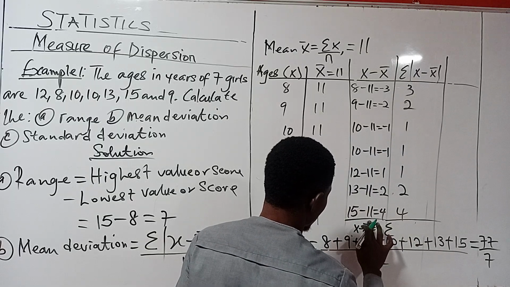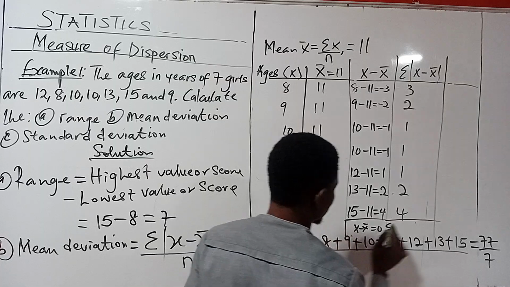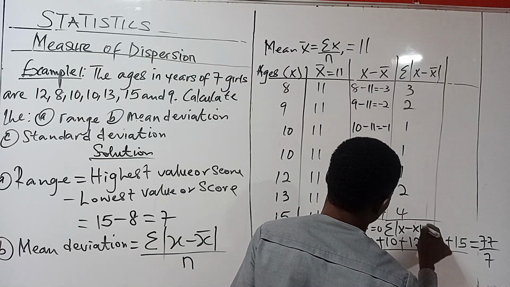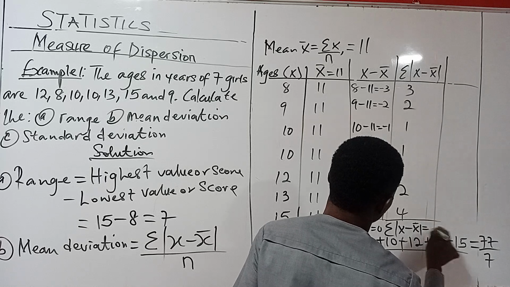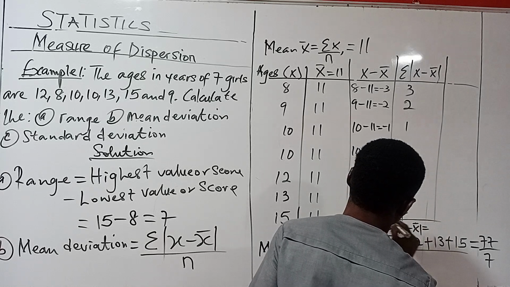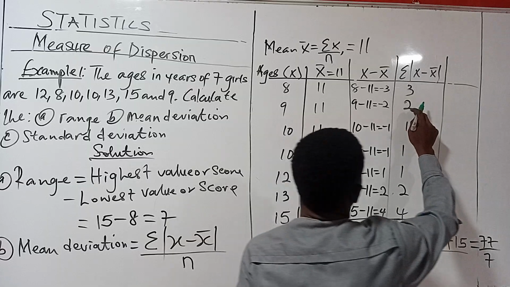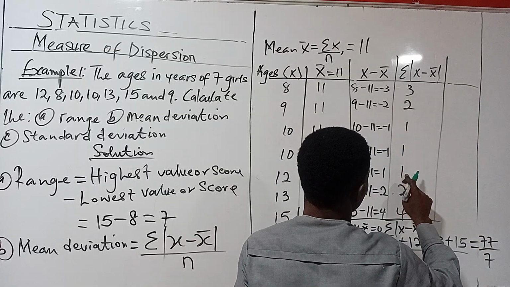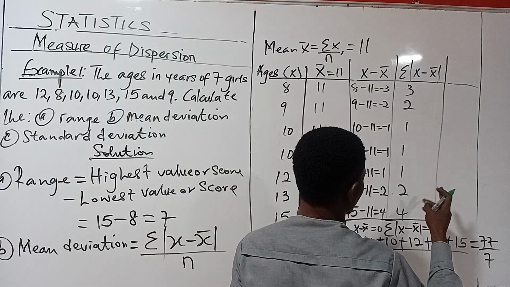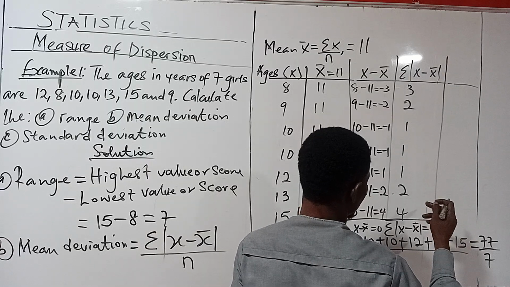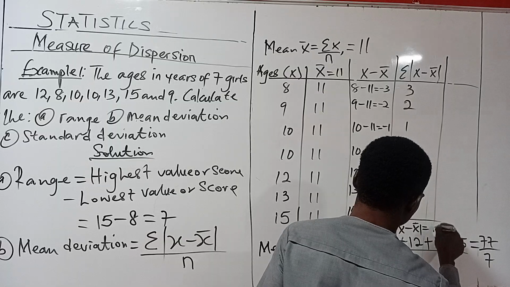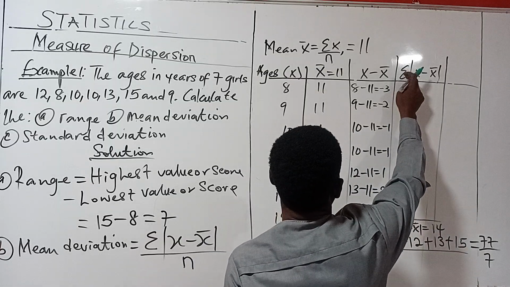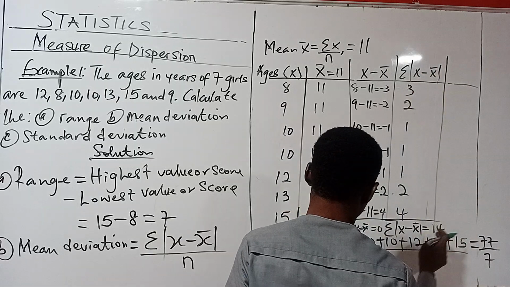We have x minus x bar. So what are we having? This plus this, 5, 6, 7, 8, 9, 10, 11, 12, 13, 14. So we have 14 here. So the summation of the absolute value of x minus x bar is 14.